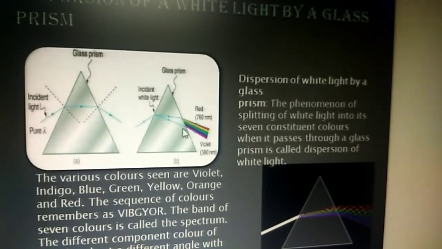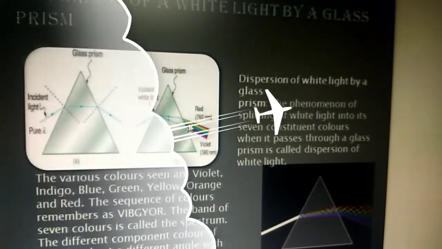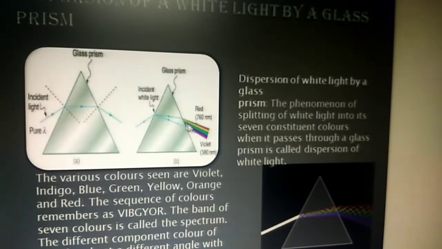The color which has large wavelength will move with high speed, whereas the color which has least wavelength will move with less speed. This speed variation in the medium is responsible for the formation of a spectrum and for the dispersion of light in the case of a glass prism.